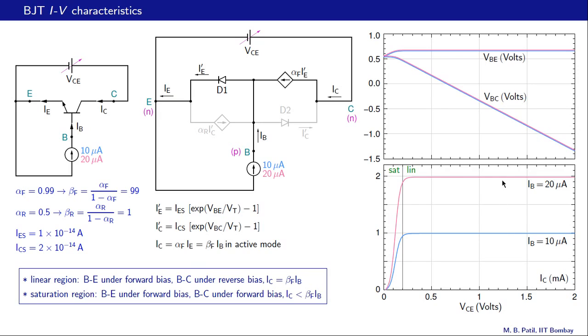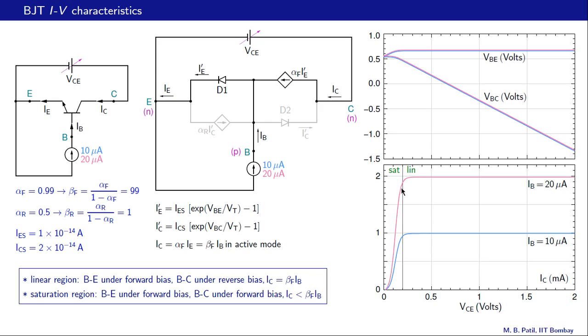And this of course is expected because in the linear region we have IC equal to beta times IB. Beta is about 100, so 100 times 20 microamps, that is 2 milliamps. So this part is really expected simply from this equation. And the boundary between the linear and saturation regions has also not really changed.